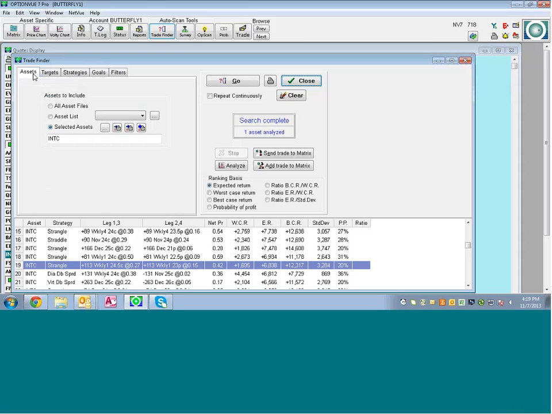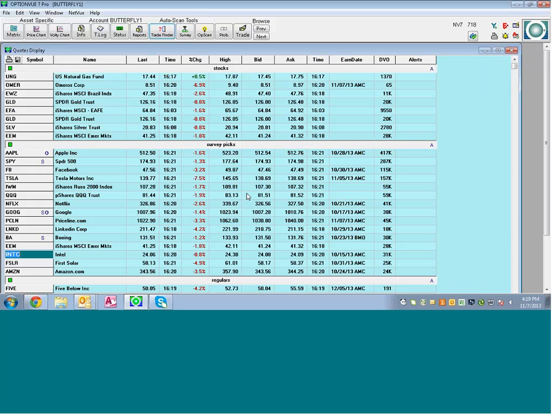Going through each of these tabs and then hitting go, starting to highlight a couple of these trades and hitting the Analyze button. So that would be a wrap-up today of what we discussed as a beginning options trader to the software, beginner to the OptionVue program, the ABCs of getting started.